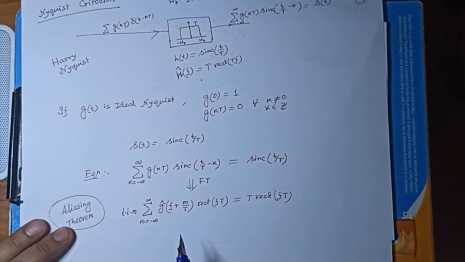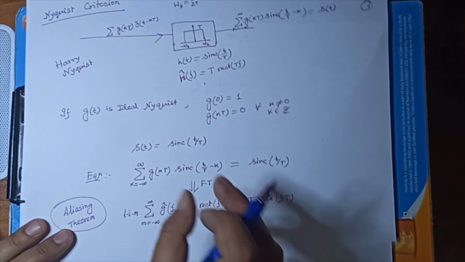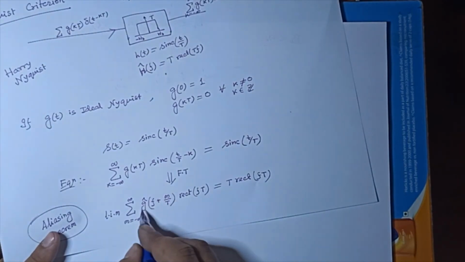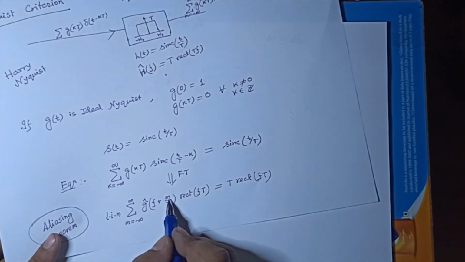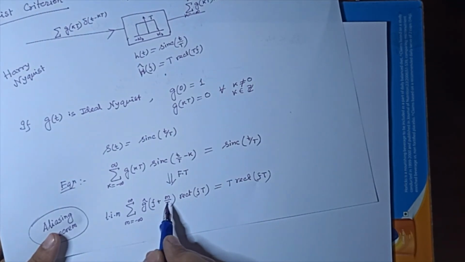Then the equation written over there, this rectangular will enforce everything within minus WB to WB. So everything will be within that minus WB to WB, and these different G hats for different M will be replicated at the interval of 1/T.